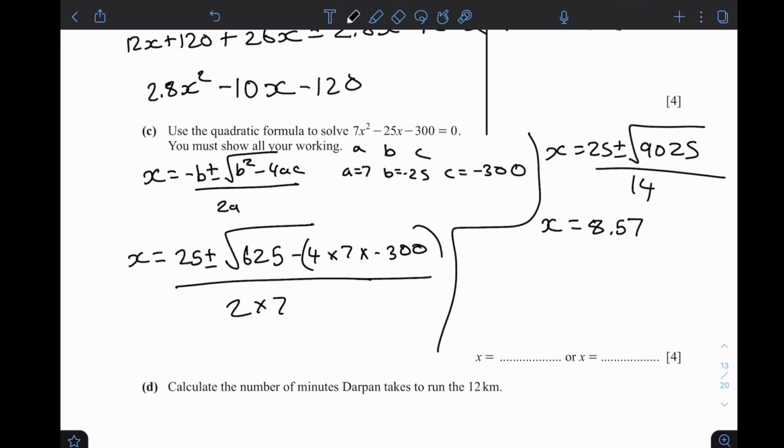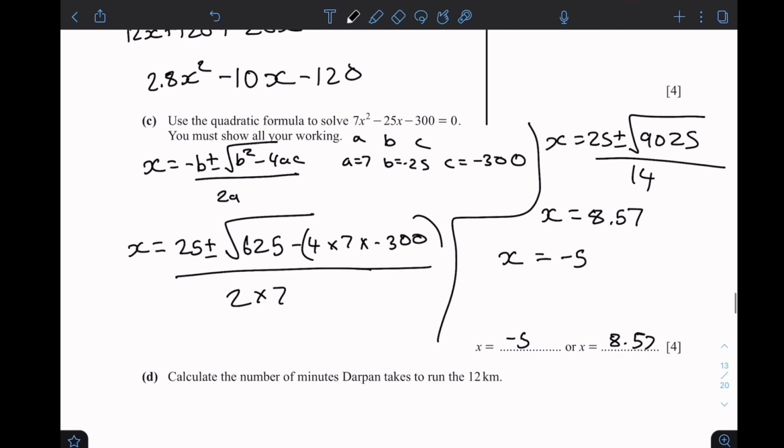And the other one is negative root of 9025, which is 95, but you take the negative of that. So minus 95 plus 25 divided by 14, which is equal to negative 5. So these are the two answers.